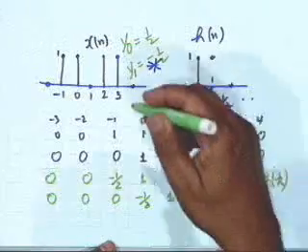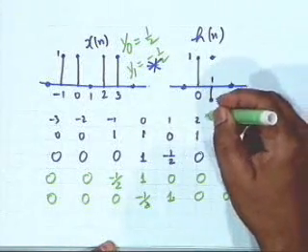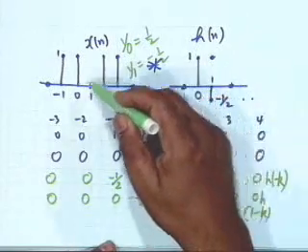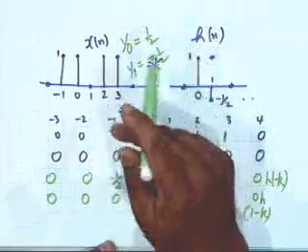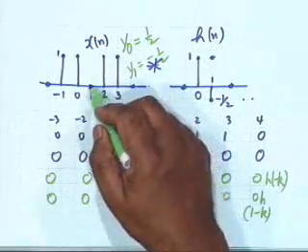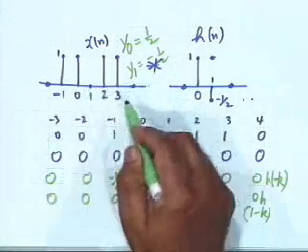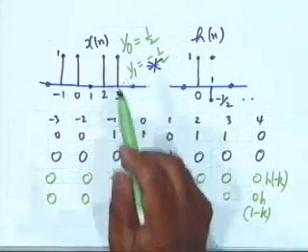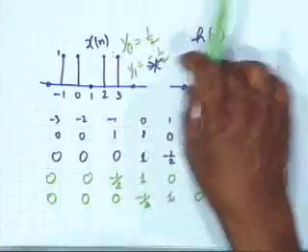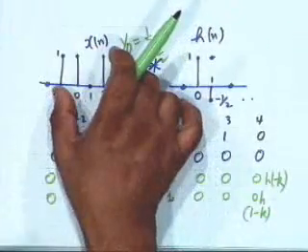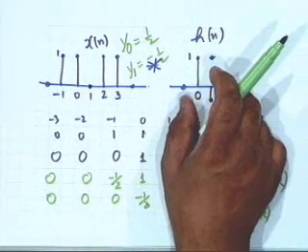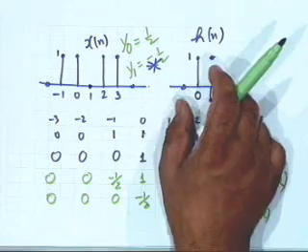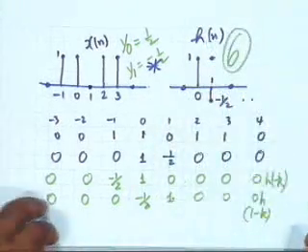Well, the general rule, you can continue this and show that the number of non-zero samples in y of n shall be the length of this. By the length I mean the number of non-zero samples. This 0 is not to be considered as a 0 sample, it's in between. So 1, 2, 3, 4, 5. 5 is the length of this signal. 2 is the length of this signal. Then it is 5 plus 2 minus 1. 6 non-zero samples.